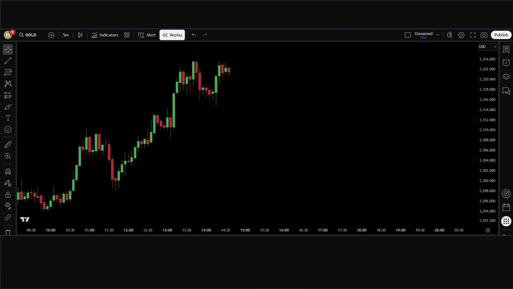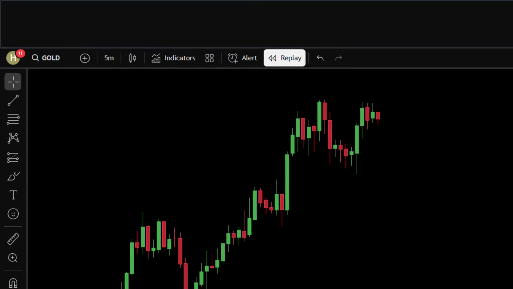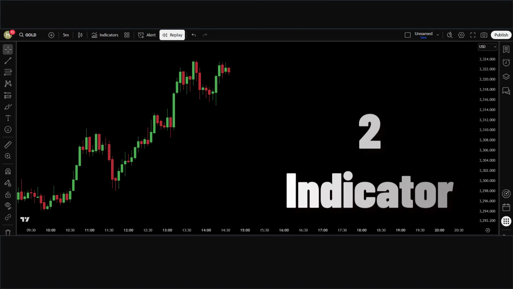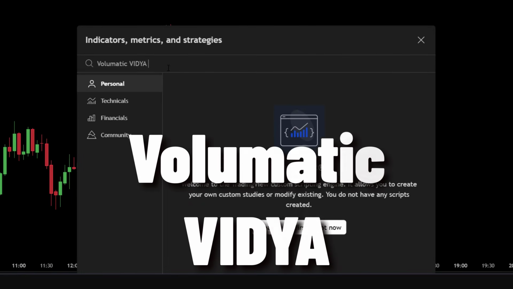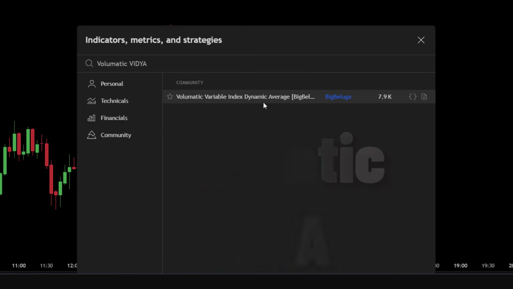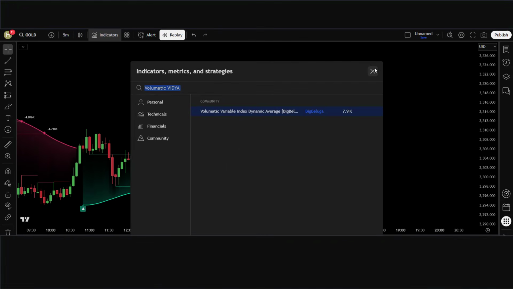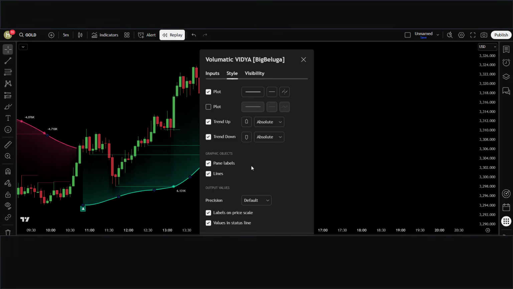Let's dive in. We are going to test this strategy on the 5-minute time frame in the gold chart. In this setup we would require two indicators. First indicator name is Volumetric VDA. Keep the indicator setting as I have shown here.